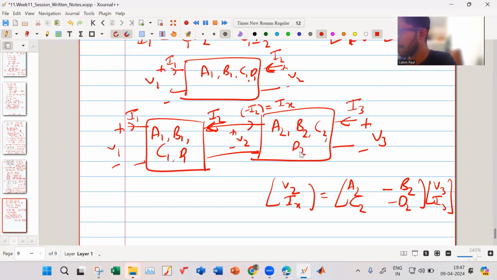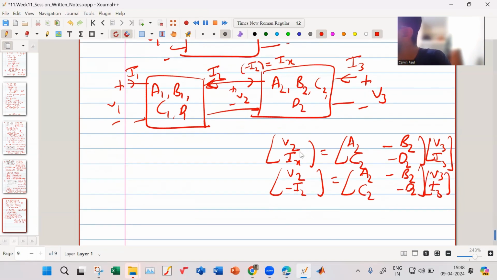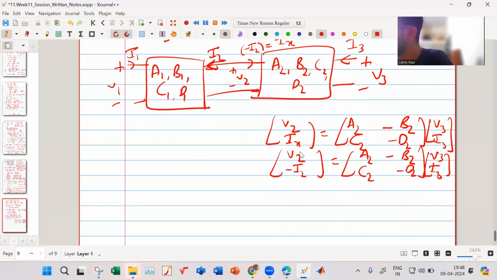This is a relation. And this actually is equal to my V2, minus I2, equal to [A2, B2; C2, D2] times V3, I3. Right? I don't think it is minus I2.